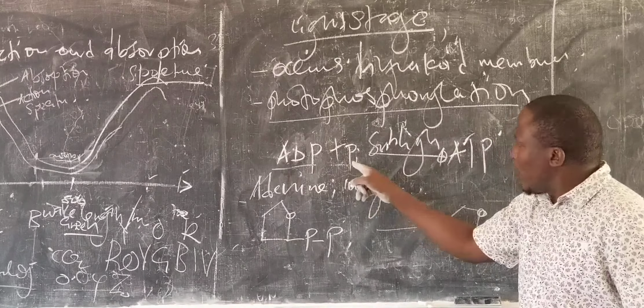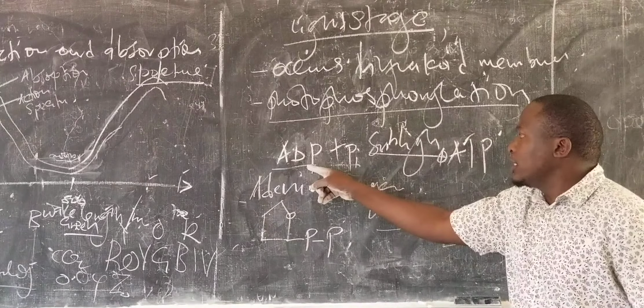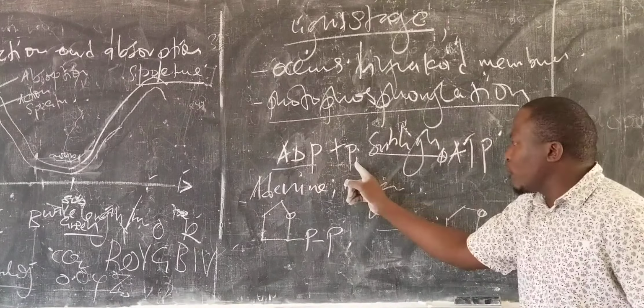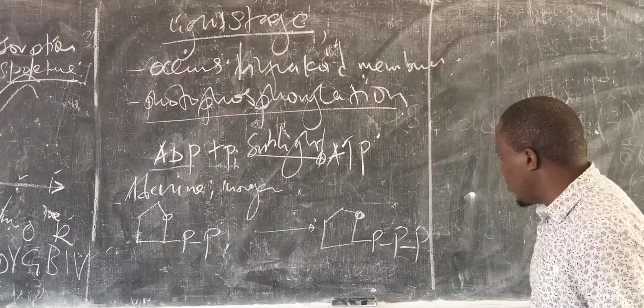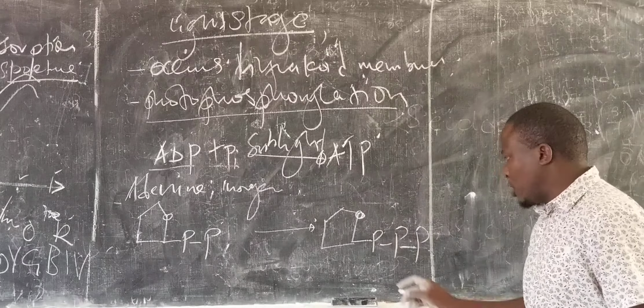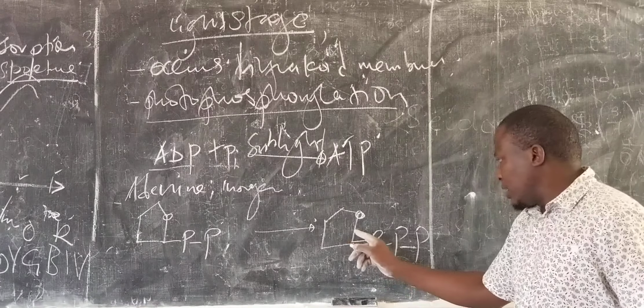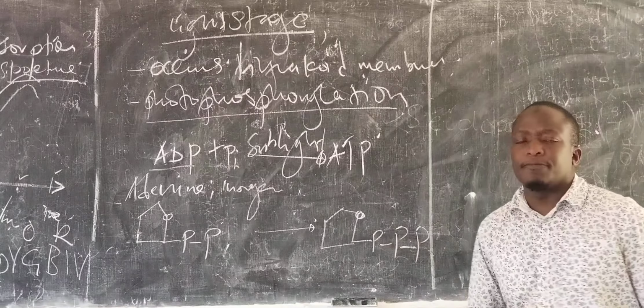We add on an inorganic phosphate. You need that process of addition. It is energy consuming. That's why you provide energy in the form of sunlight to the plant. And that energy provided will forcefully add this other phosphate onto the adenosine, giving adenosine triphosphate.